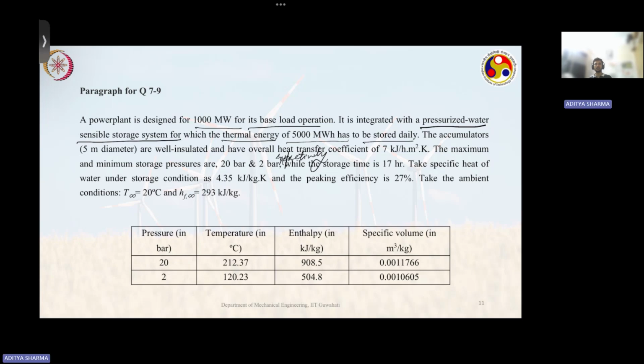Take the specific heat of water under storage condition as 4.35 kilojoule per kg Kelvin and peaking efficiency is 27%. Ambient conditions also have been given.